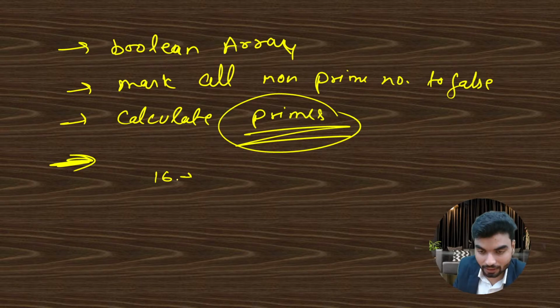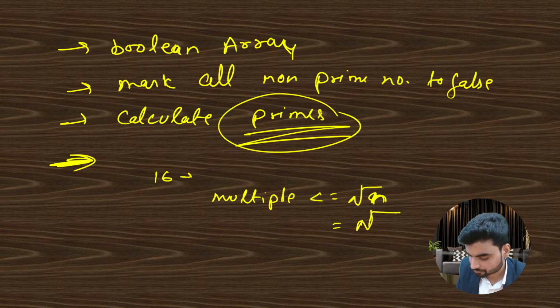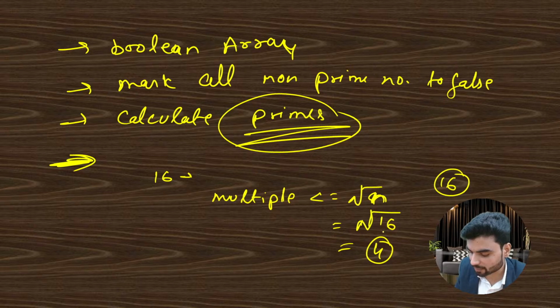So any non-prime number will have a multiple less than or equal to root n. Here the n value is 16, which means 16 will have a multiple less than or equal to 4. That can be 2, that can be 4.